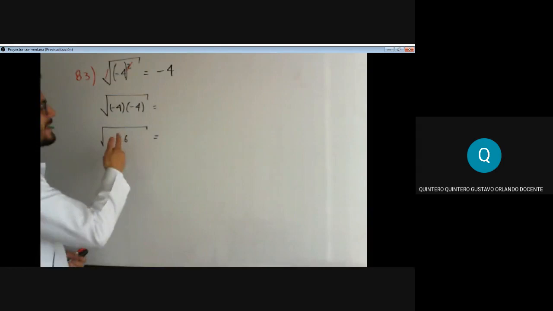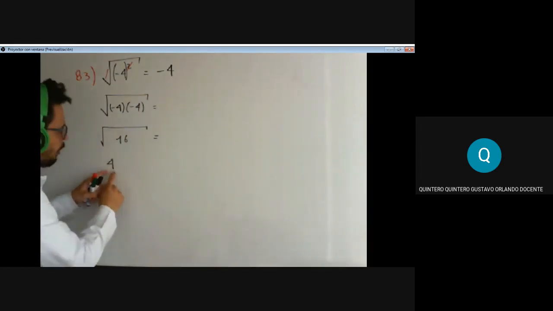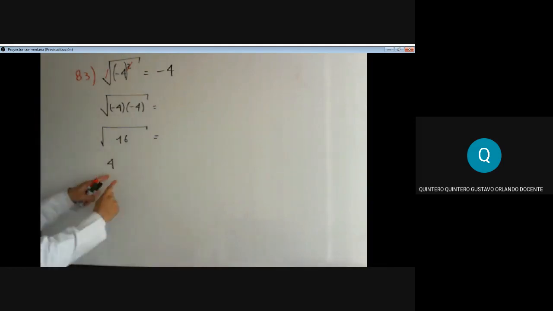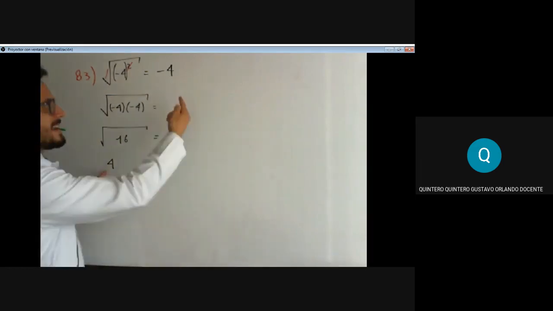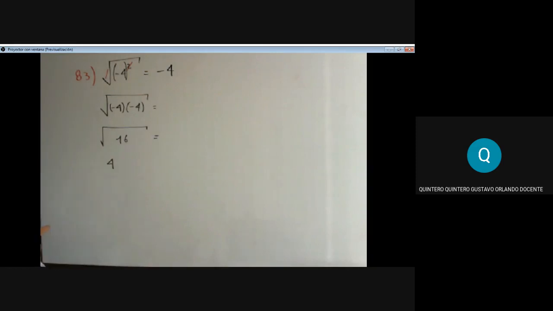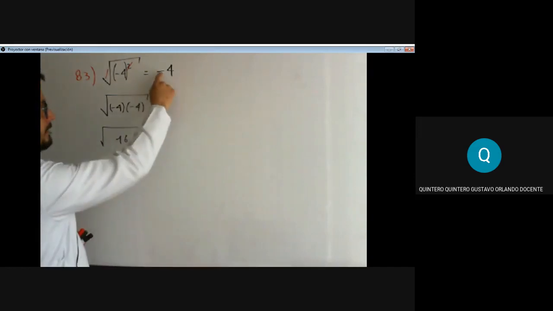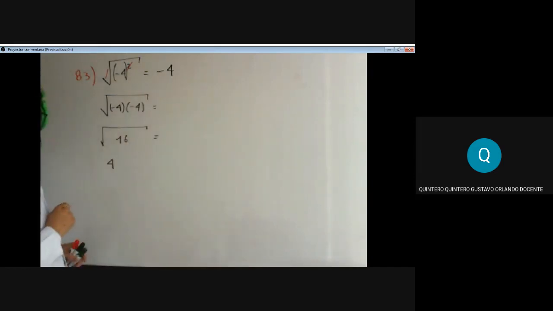Well, that is the magic of a square root. Because if you think about it, 4 is not the only number that multiplied by itself gives you 16. Look, 4 by 4 is 16. But -4 by -4 is also 16. Did you see that? Negative and negative becomes positive.